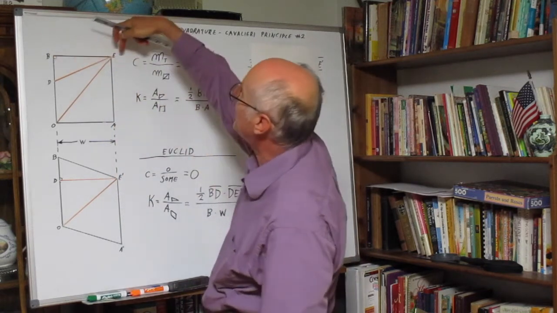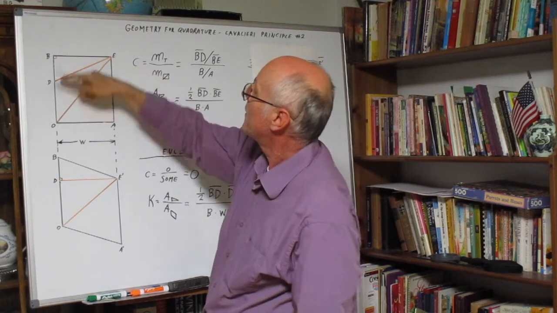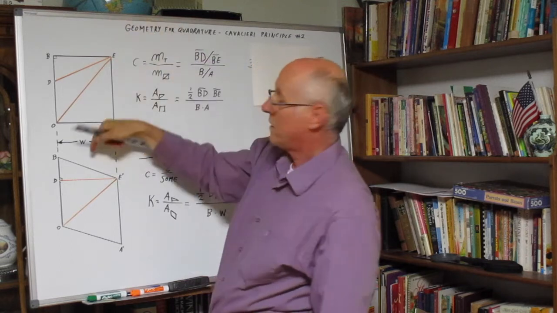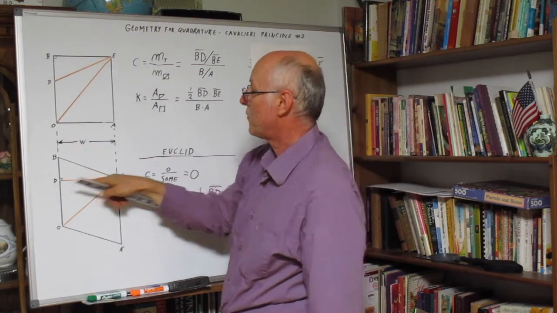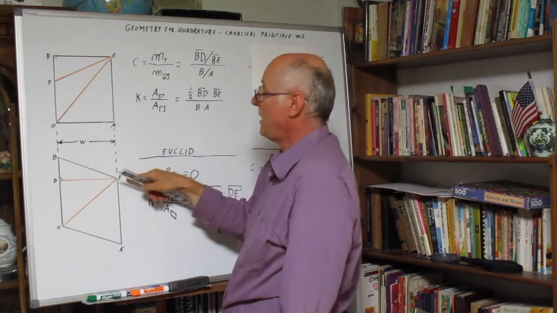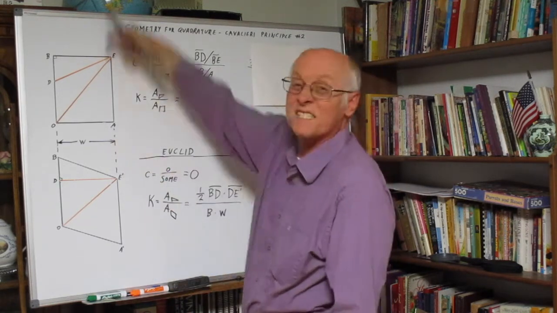What is the run of this? Well, it's DE. And he looks at the same thing over here, and what is the run of this? It's DE prime, or it's the same thing. It's indistinguishable.